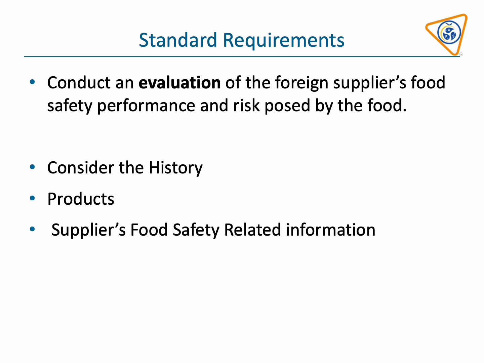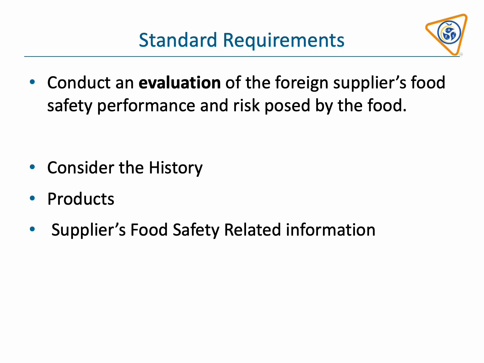Standard requirements. Conduct an evaluation of the foreign supplier's food safety performance and risk posed by the food. The foreign supplier performance including: A. The foreign supplier's procedures, processes, and practices related to the safety of the food.